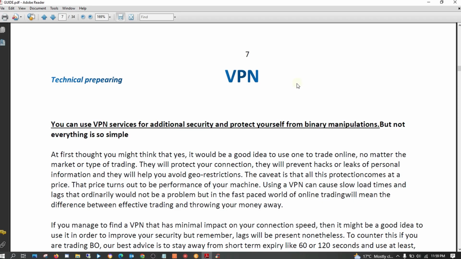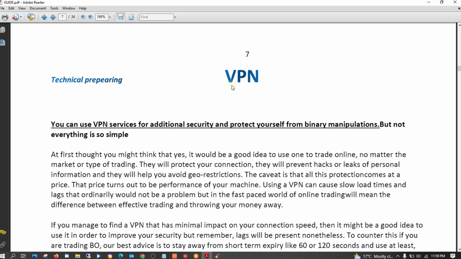Another thing we saw is that a VPN helps you to have a lot of speed on your internet. If you don't have a VPN, you should at least have a faster internet, which will still be good.